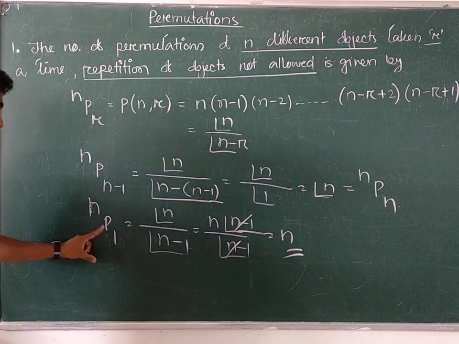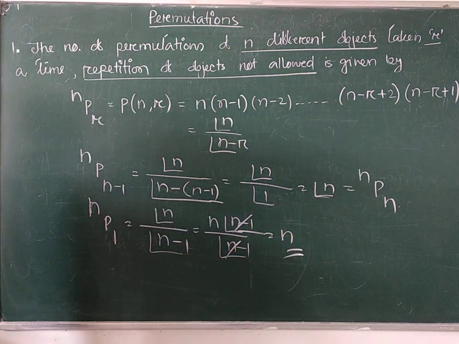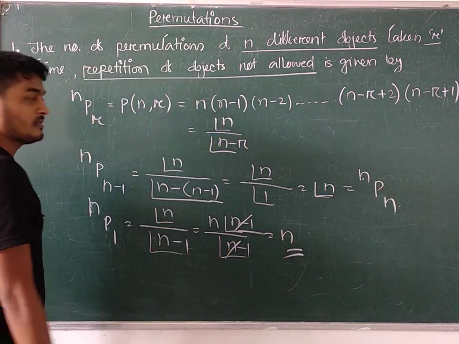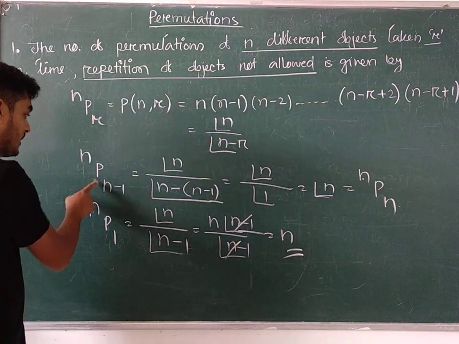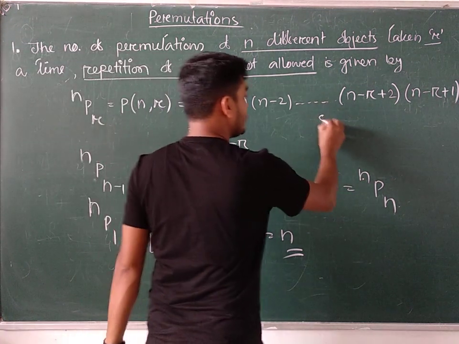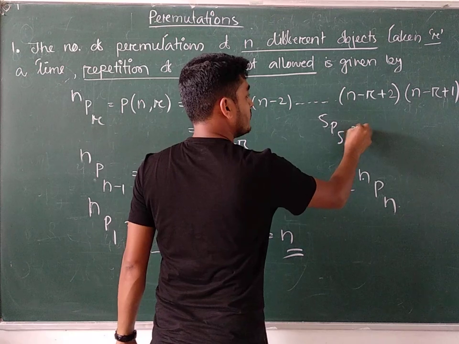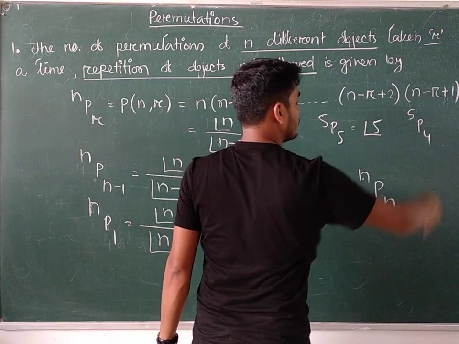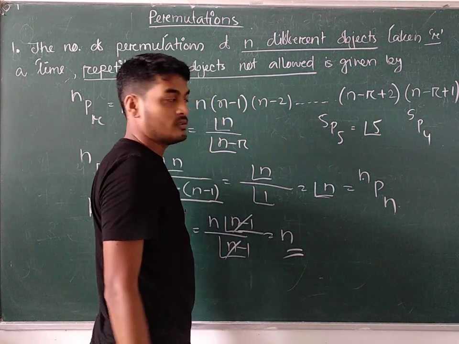Remember, nP1 is always equal to n, and nP(n minus 1) is also equal to factorial of n. That means the values of nPn and nP(n minus 1) are always equal. For example, 5P5 is equal to factorial of 5, or 5P4 is equal to 5 only.